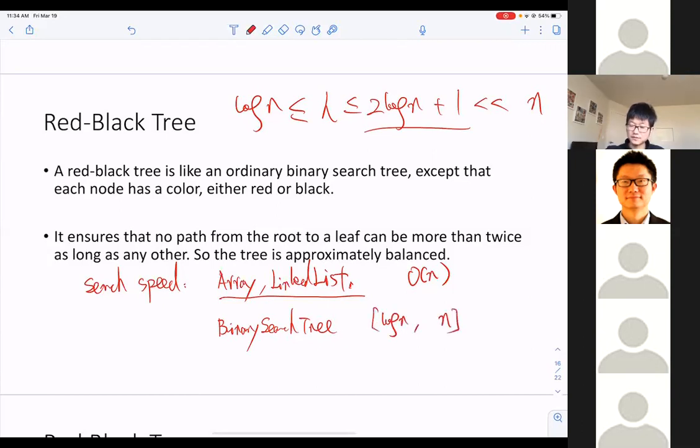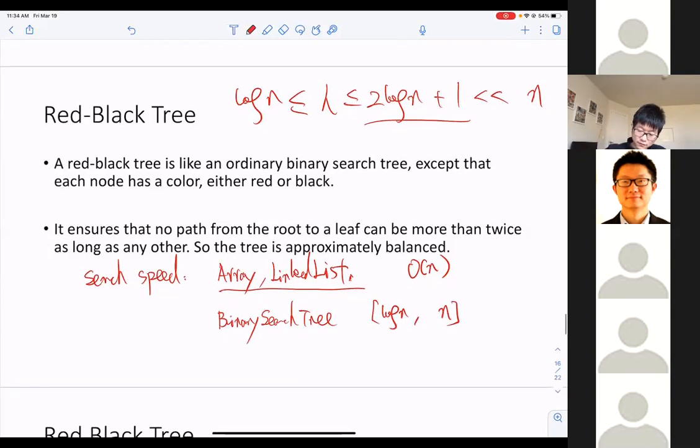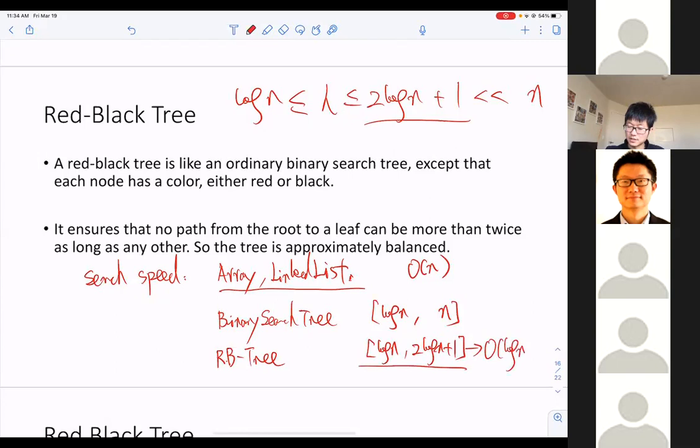And then the search complexity of the red-black tree, I'm going to use RBTree to denote that. Its lower bound is log n, whereas its upper bound is 2 log n plus 1. With this we can say it gives us log n search complexity.